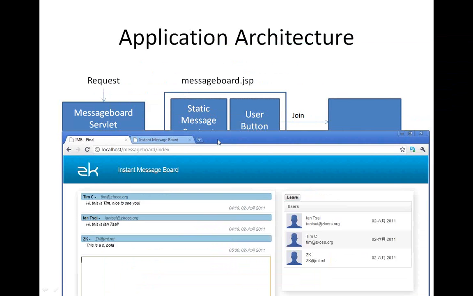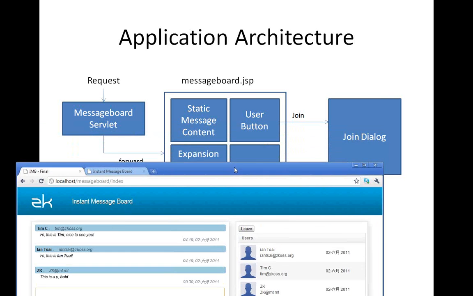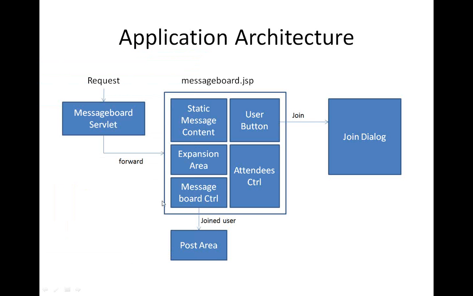The other part is a user button. You click it, and it will open a join dialog to let you join into this message board. And the other part is the attendees control. Basically, it's just a simple ZK grid that lists the current attendees. So this is our system architecture. Quite simple.